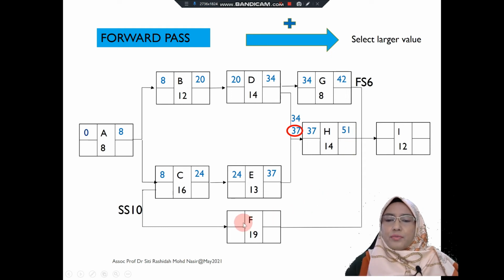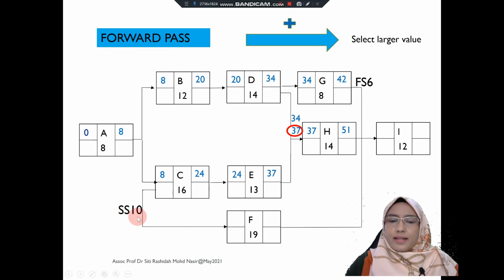We continue with activity F. For activity F, as you can see here, there is a relationship of start to start with 10 days.